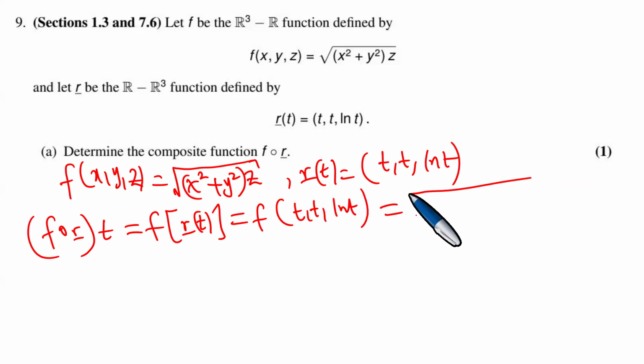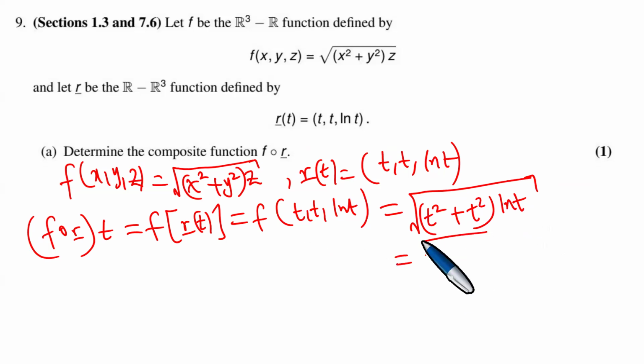So we square the first component, square the second component, multiplied by ln t. And this is 2t squared ln t.